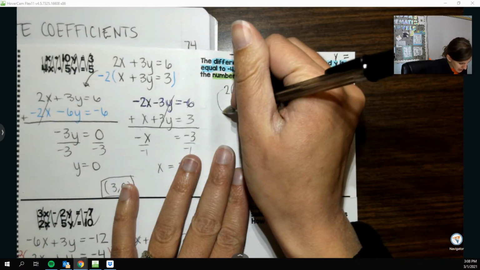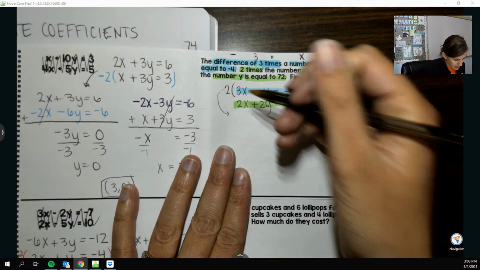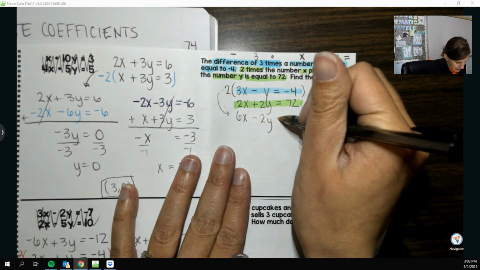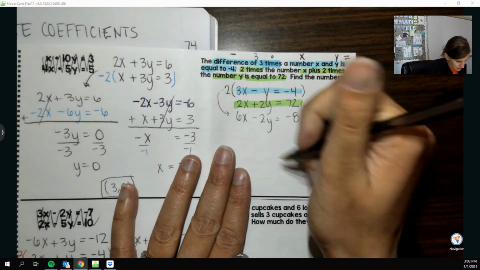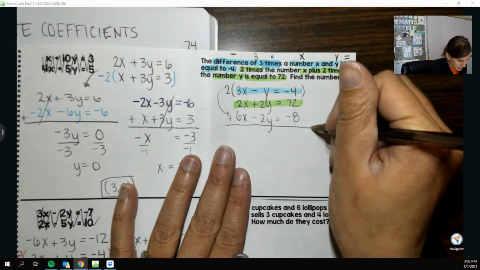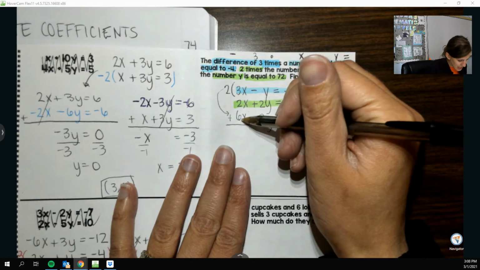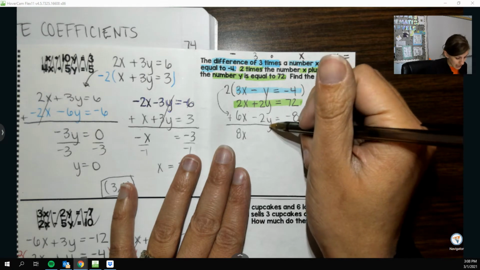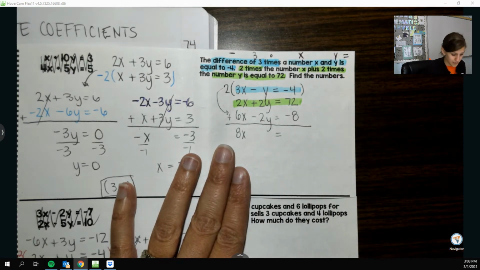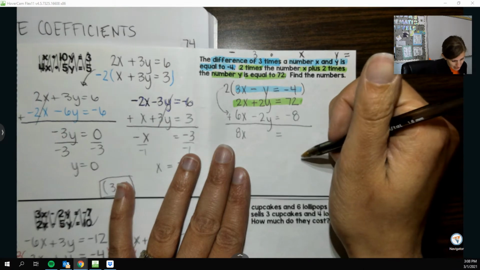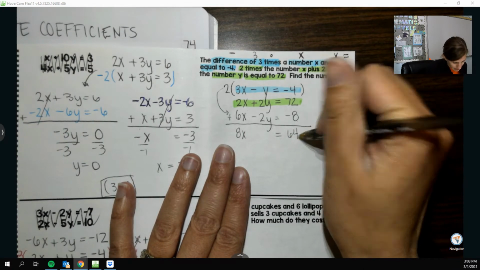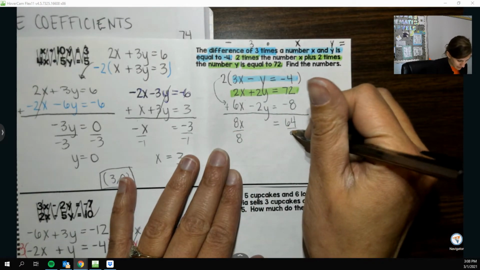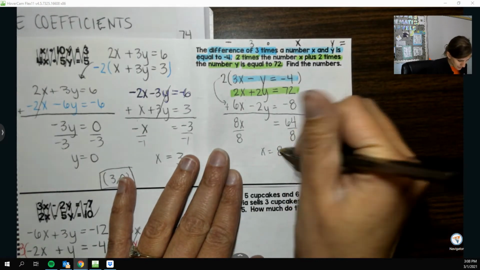So if I times that guy by 2, my brand new equation will be 6x minus 2y equals -8. Then if I add that with the top equation, we'll have 2x plus 6x is 8x. 2y minus 2y is 0, so it's gone. And then 72 minus 8 is 64. Because I only have an x here, I can solve for x by dividing by 8, and so x equals 8.